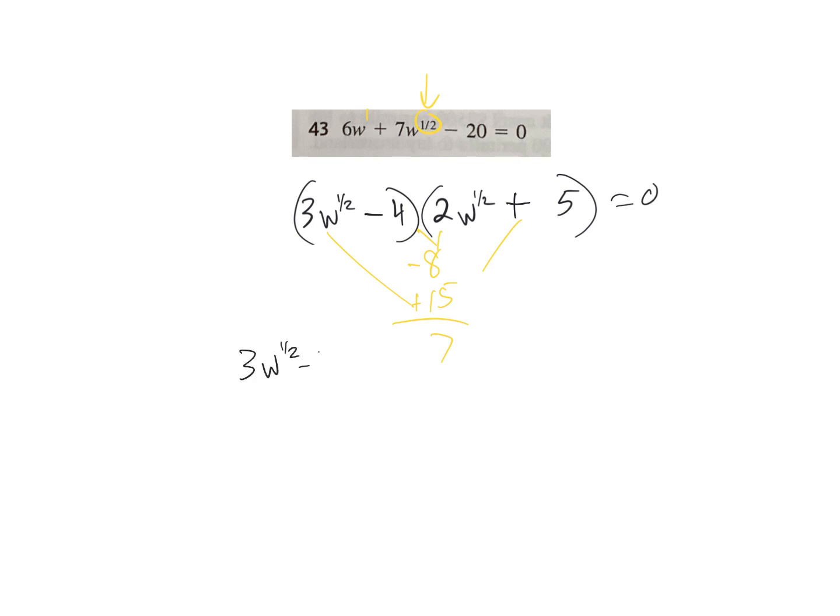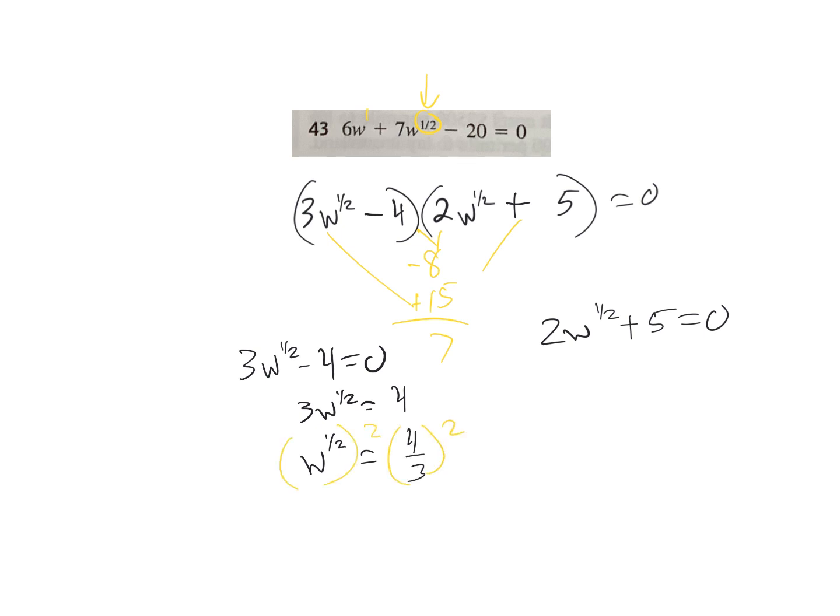3w to the 1/2 minus 4 equals 0. Or 2w to the 1/2 plus 5 equals 0. So add 4 and divide off the 3. And what we do, we're going to square both sides to get rid of that 1/2. So w is equal to 16/9.